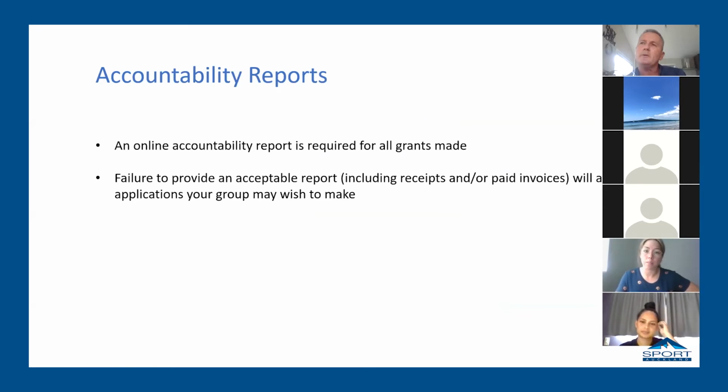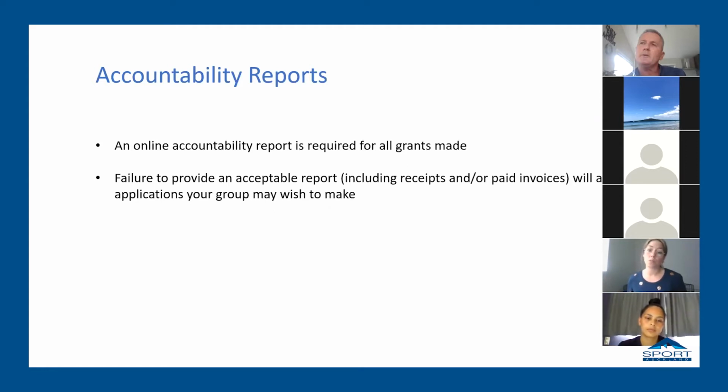So step 5, accountability reports. After the funds are sent, you will also be sent an email in regards to an accountability report. The email will outline what you need to do, but the accountability report is accounting for the funding that we have given you by sending us receipts, paid tax invoices and bank statements, also explaining what happened with your project or event.